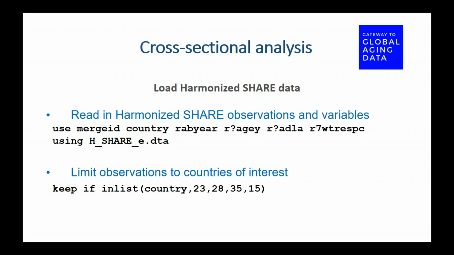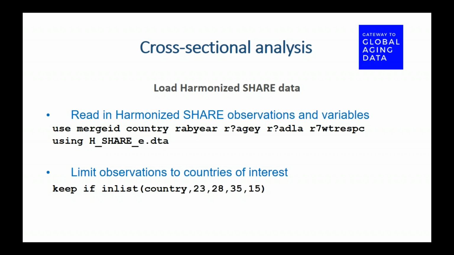One of the advantages of that program is that there are some pauses set in, so we can perform some operations, stop, see what's going on in our data set, and then keep on going. I'm going to be walking through inside of Stata with that do file as we go along. The first thing we're going to do is read in harmonized SHARE observations and variables.